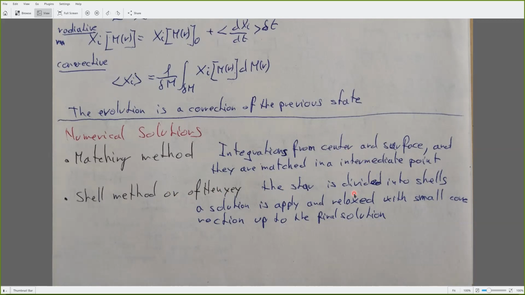This is in some ways similar to the matching, only that you are dividing the star into small parts. For each part you are calculating part of the solution.